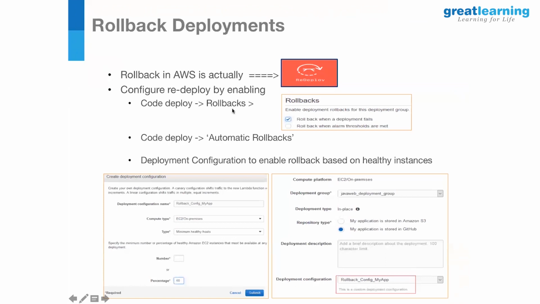If you see here, here is an option which you would have turned on in your CodeDeploy project configuration. So based on this, rollback happens. You can also specify enabling automatic rollbacks. These are basically options that you have while you are configuring your AWS CodeDeploy project.